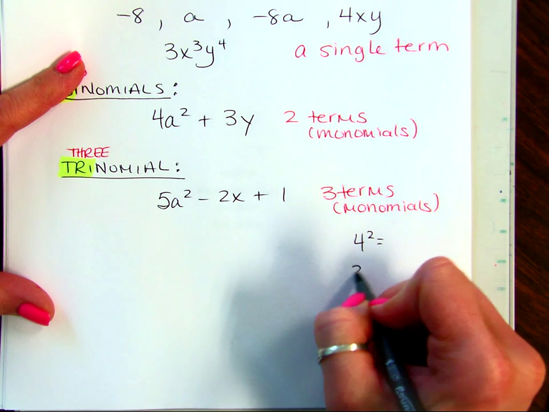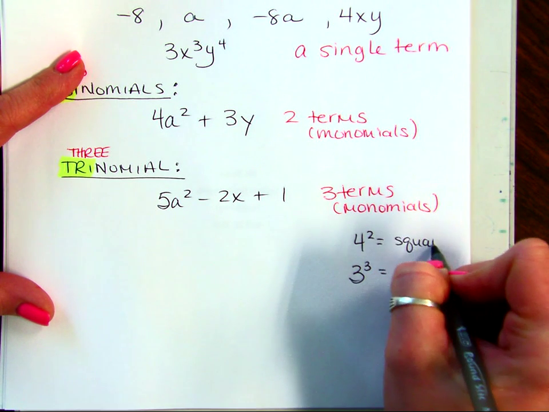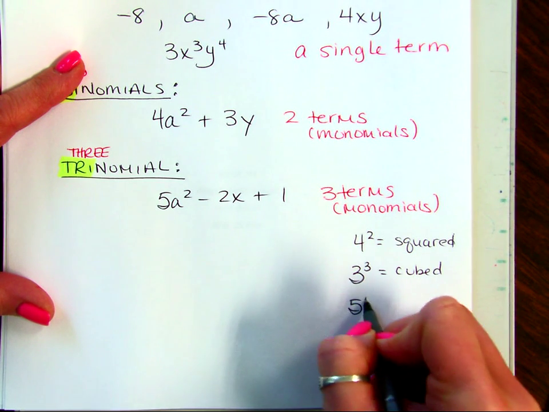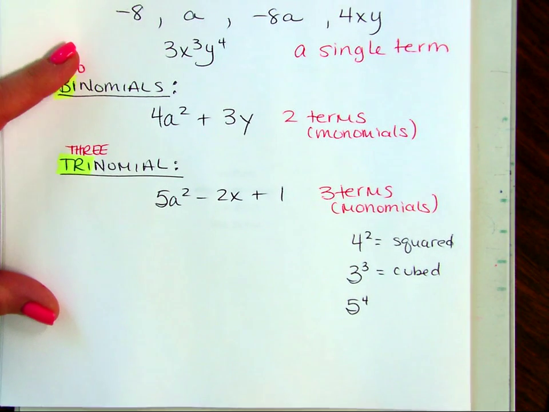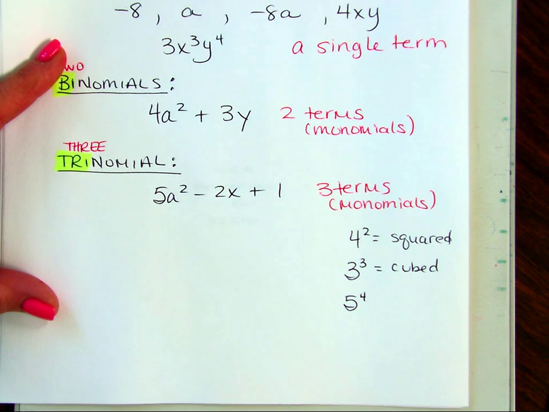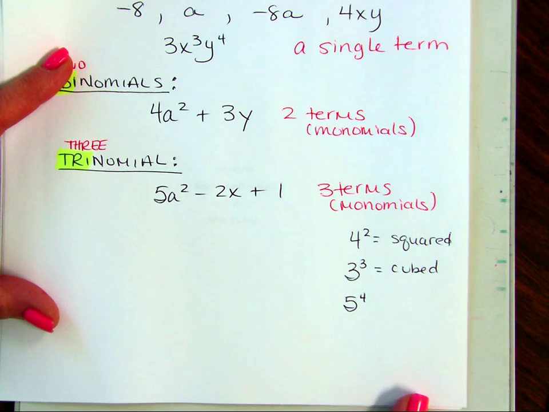Or we could say 3 to the 3rd power, but we could also call this cubed. But then anytime you go past that 3, is there a special way to say to the 4th power? No. Your only option is to the 4th power, to the 5th power, to the 6th power. So the same thing is going to apply here.